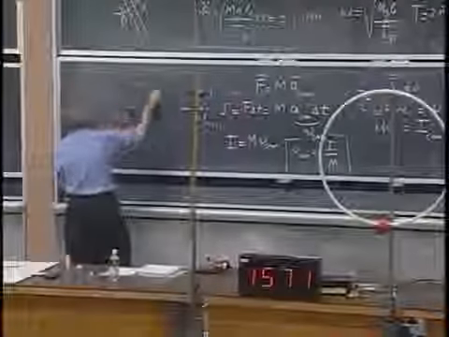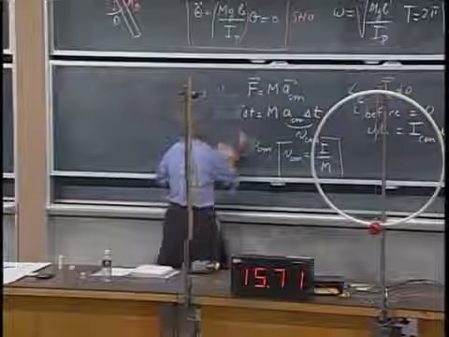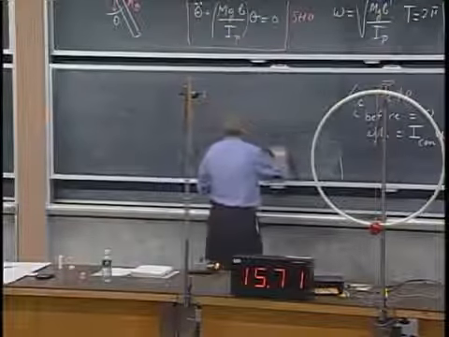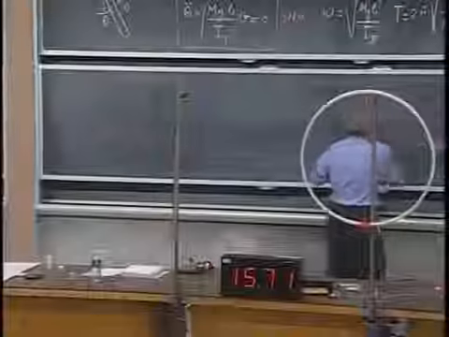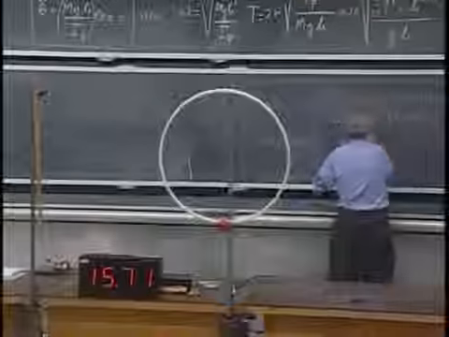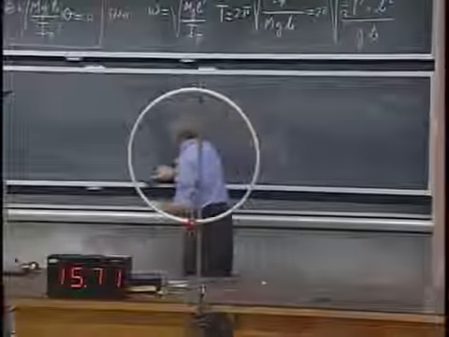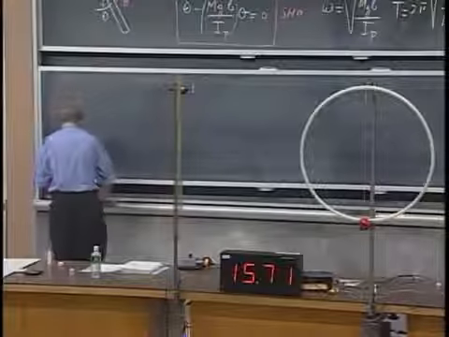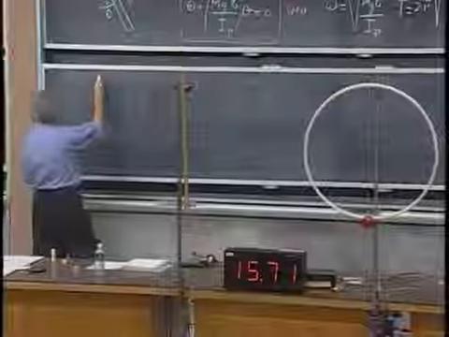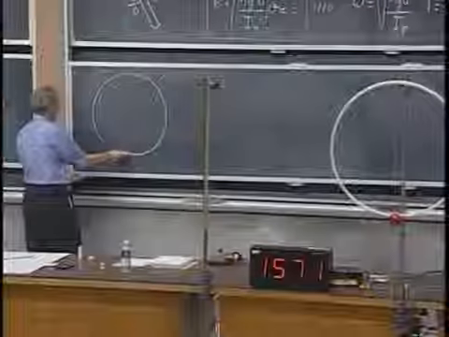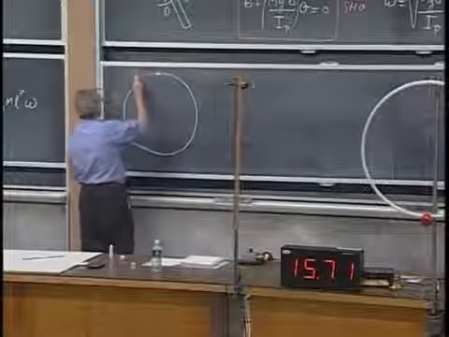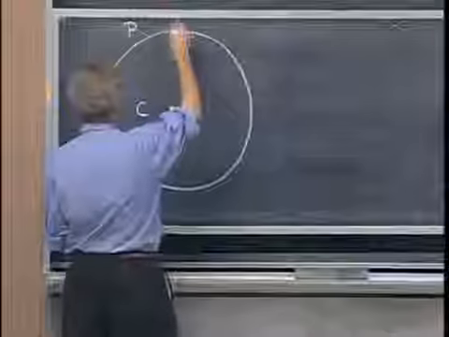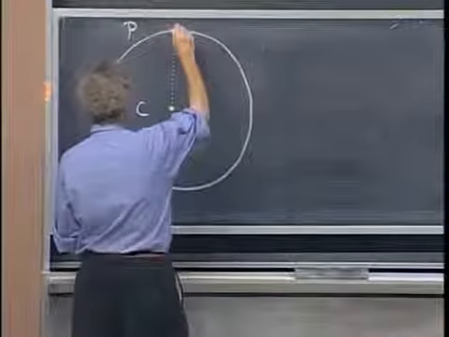We'll take the hula hoop, and we're going to do the same thing for the hula hoop. And the approach will be exactly identical. We have a pin through the hula hoop. This is the hula hoop. This is point P. This is the center of mass, I call it C. It's now like this.